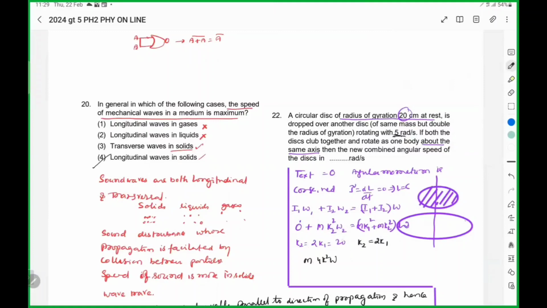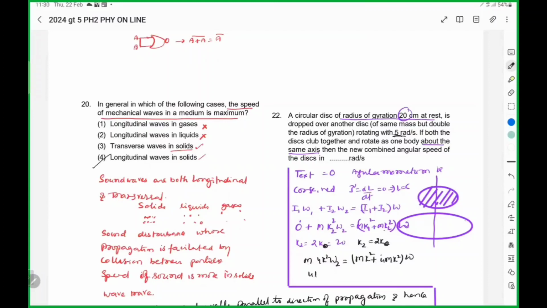initially, which rotates with 5 radian per second. Here it is mk square plus m into 2k whole square, that is, let us write K2 as 2k, 4mk square of omega.